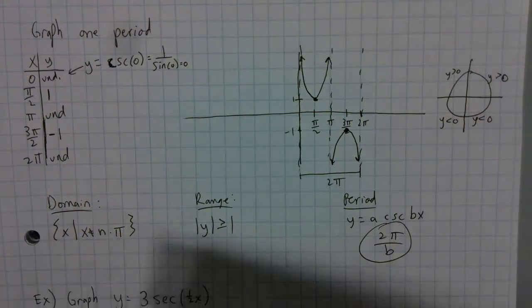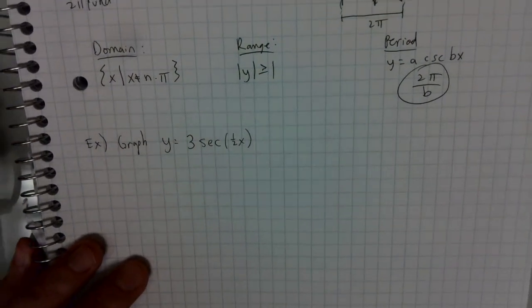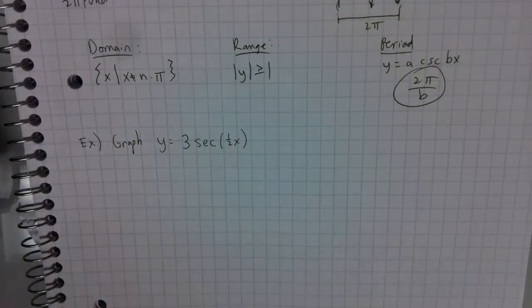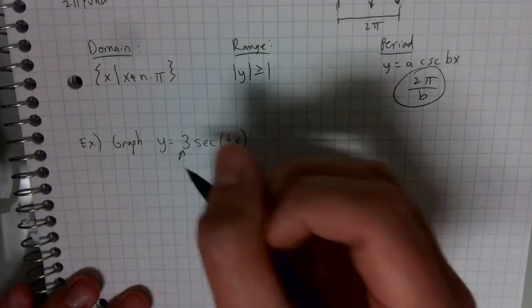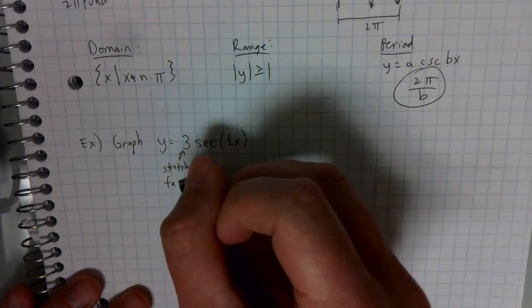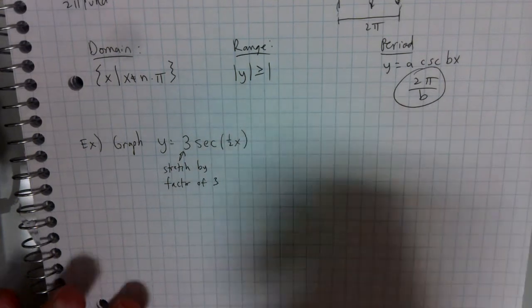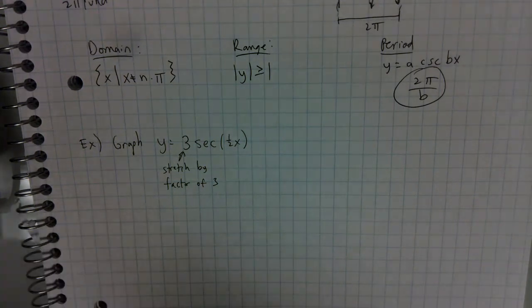All right. One quick example, and that will be the last thing I do for this video. So we're going to graph 3 secant of 1/2 x. So first thing to note is it has that stretch to it by a factor of 3, kind of like an amplitude, but there is no max, there is no min, so it's not exactly an amplitude, but it will stretch it out to 3.